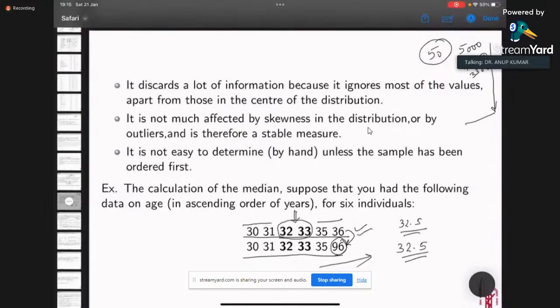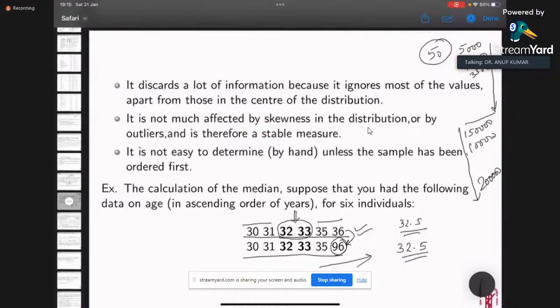But there are some households whose income is more than 1 lakh. These 5 households have an income of more than 1 lakh, some of them 2 lakh.